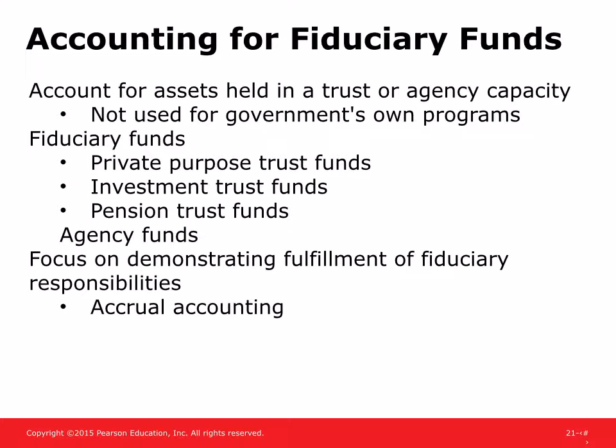And here's some examples of those. You see investment trust funds, pension trust funds, private purpose trust funds, and the focus of keeping track of these is demonstrating a fulfillment of fiduciary responsibilities. So basically, the safeguarding of the funds for whatever special purpose they have, and we use accrual-based accounting for these types of funds.